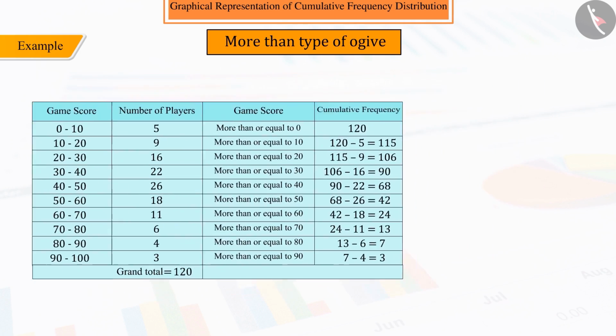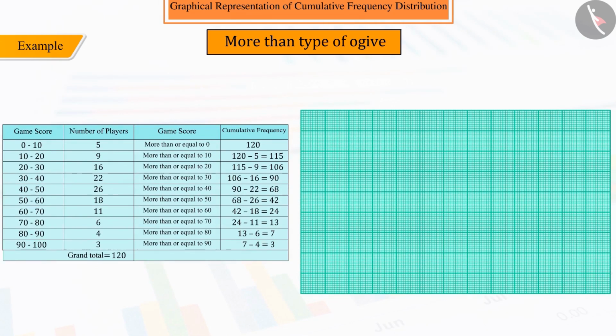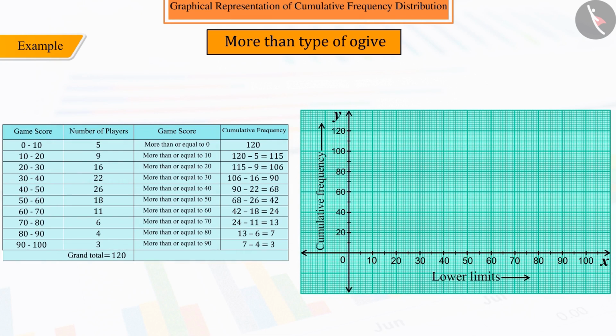To represent this obtained data graphically, mark the lower limits on the x-axis and cumulative frequencies on the y-axis, where the lower limits indicate the marks obtained by players and cumulative frequencies indicate the number of players.